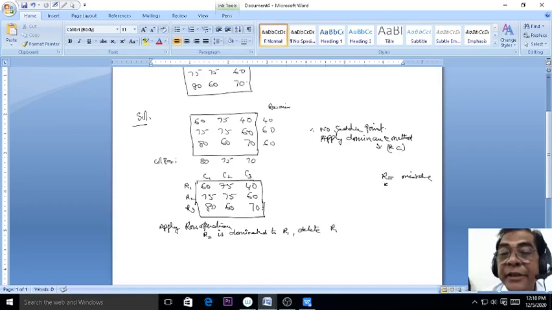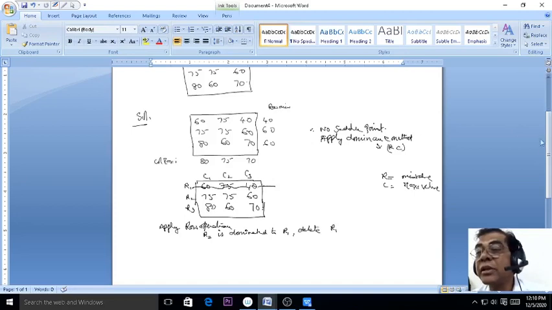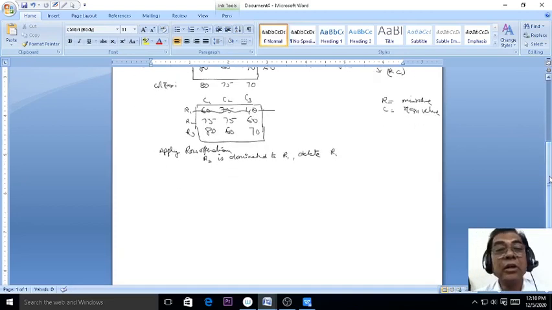In a column operation, select the maximum column values, whatever they are. So delete R1, like this, we cancel it. Now what are the remaining elements? The row operation is over.